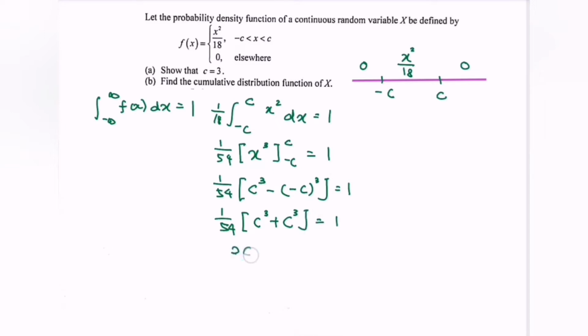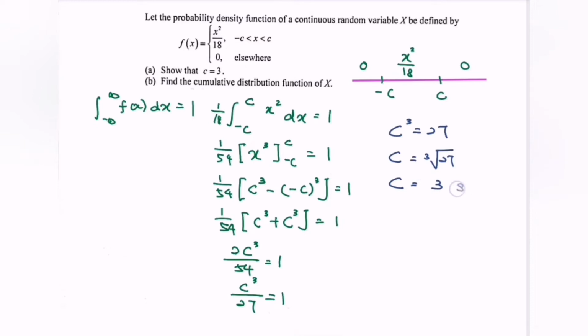So 2c cubed over 54 equals 1. If we simplify, we will have c to the power of 3 over 27 equal to 1. Rewrite: c to the power of 3 is equal to 27, and c is the cube root of 27. So c is equal to 3. And we have already shown the result. So kindly substitute the value of c.